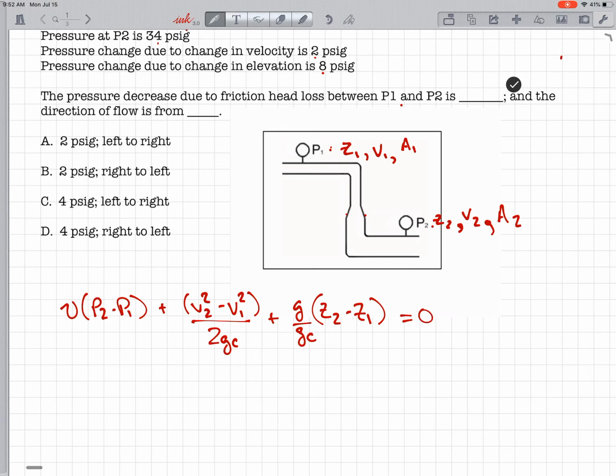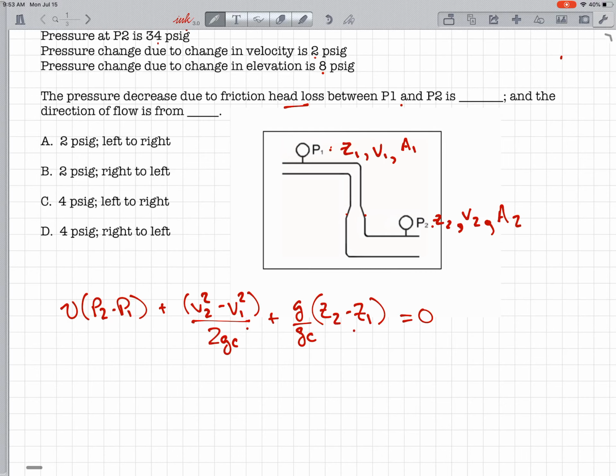And that should be equal to 0. Now that equation is good for ideal conditions, but in real conditions we have head loss. So since we're looking for head loss, we can say that all these variables, pressure, energy, speed, and elevation change, will add up to 0 in an ideal pipe.